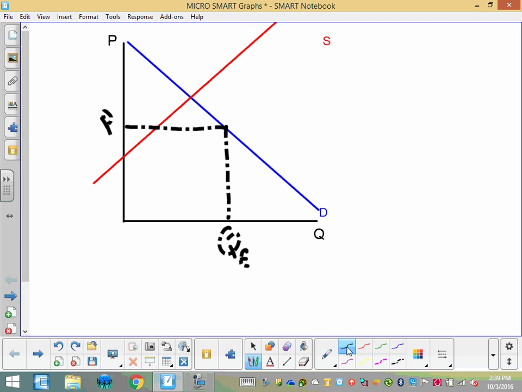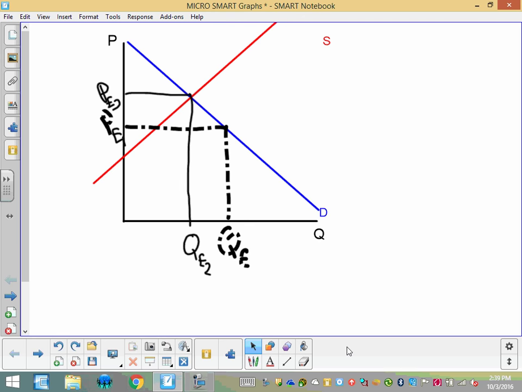That means price, or PE1, our price is now going to be here at PE2. And what's the quantity going to do? Decrease to QE2. E is equilibrium. Very important to know what that QE and PE means. Because we always say the market's at equilibrium. Well, supply shifted. So we need to go ahead and put our supply 2 line on there. It has shifted.